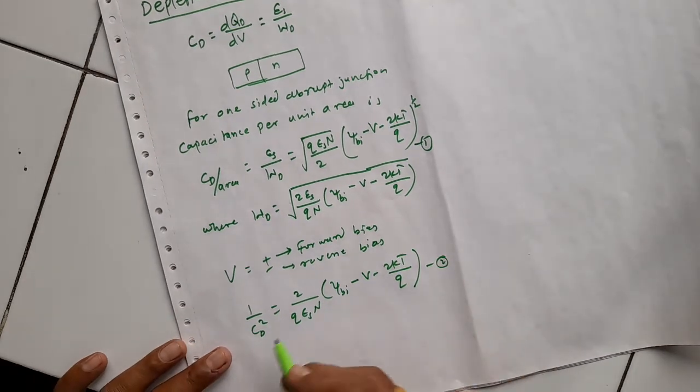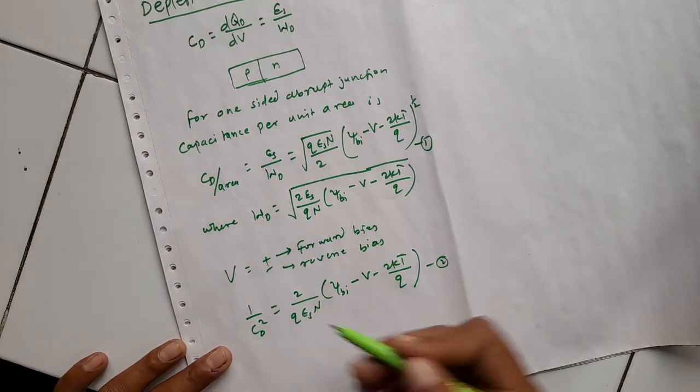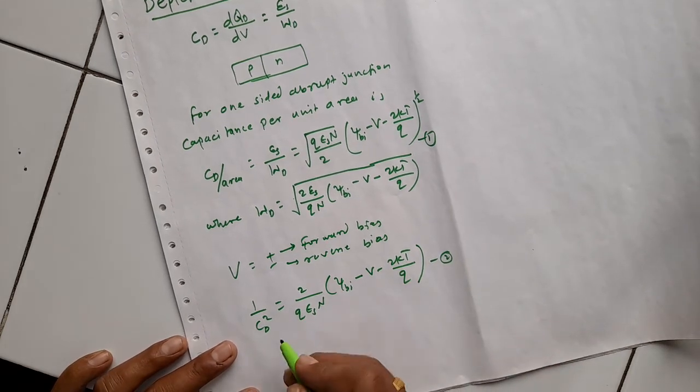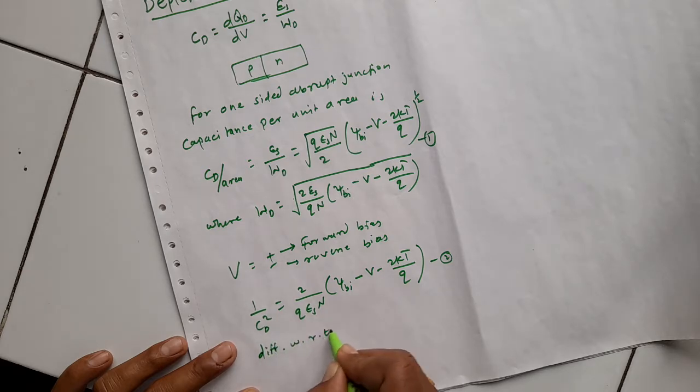Now we try to understand how a small change in the applied potential affects its behavior. So differentiate with respect to phi.